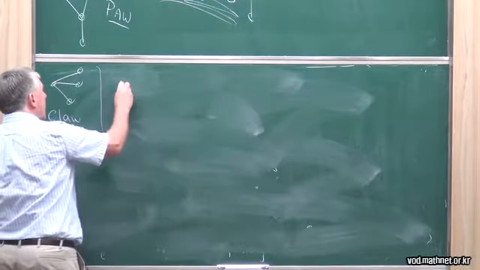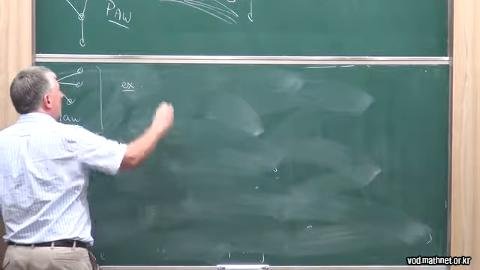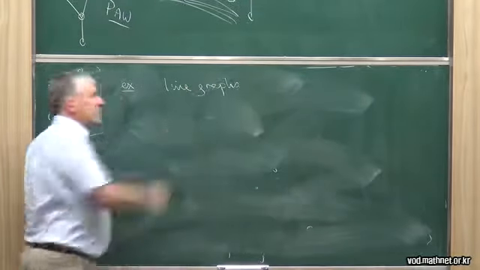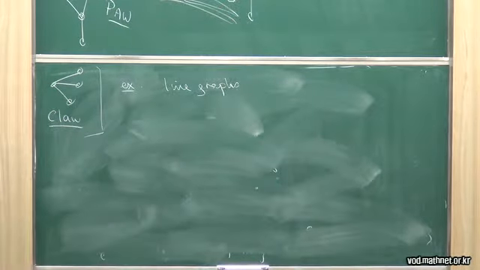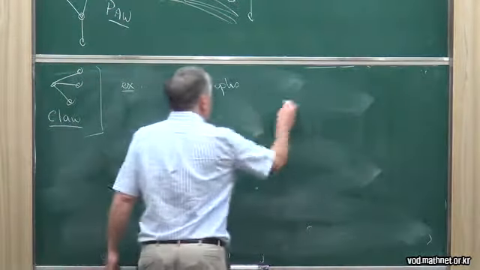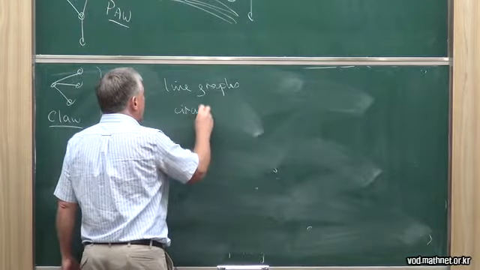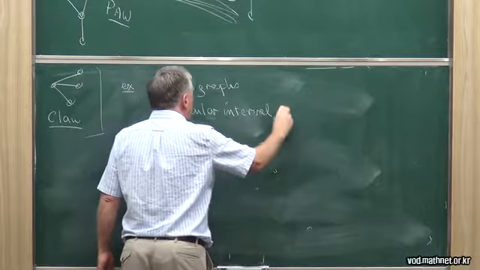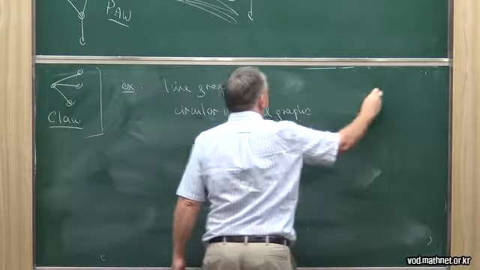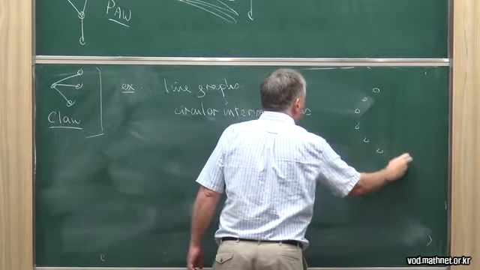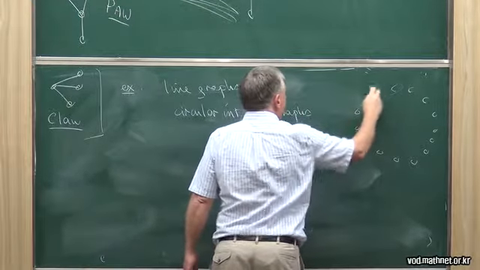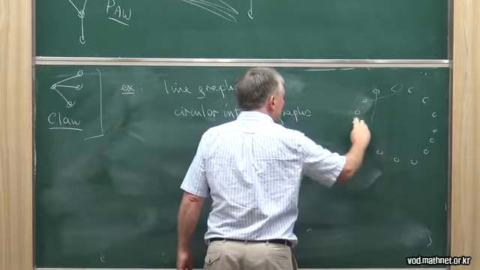So examples are line graphs. If you take a line graph of any graph, it doesn't contain a claw. There's something called circular interval graphs. What's that? Well, you put vertices in a circle, and you choose intervals, and you turn the intervals into cliques.